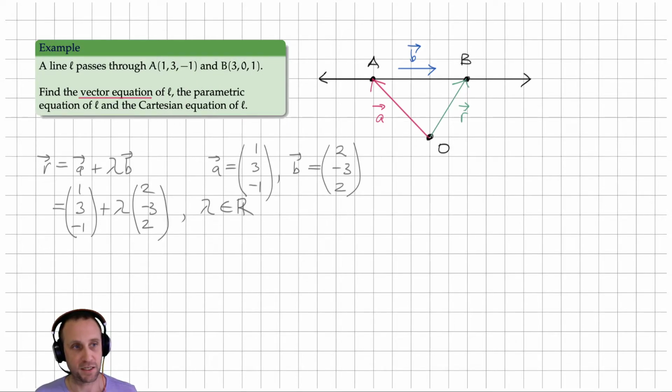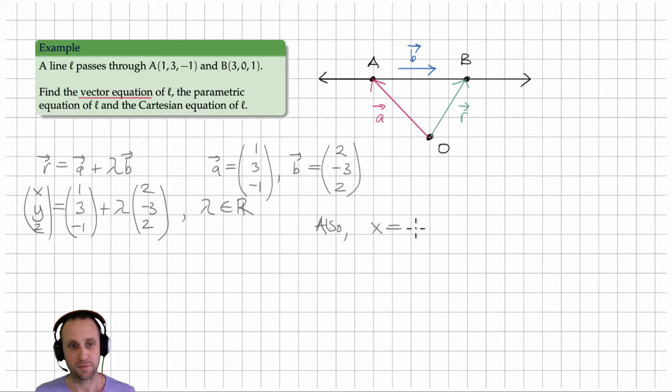Okay, in terms of the parametric equations now, all we're doing is we're considering these component-wise. So the parametric equations are going to be, let's do it over here. What's x going to be described as? X is going to be 1 plus 2 lambda. Because remember that, as I've said before, this position vector r has general components x, y, and z.